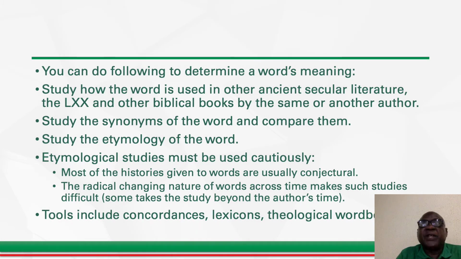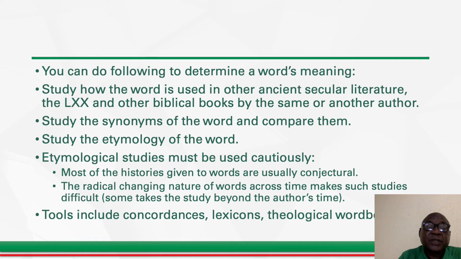You can also do the following to determine a word's meaning. Study how the word is used in other ancient literature, the Septuagint, and other biblical books written by the same or other authors. Study the synonyms of the word and compare them. Study the etymology of the word. However, when you are dwelling in the realm of etymology, you must be very careful because most of the time, etymologies can be conjectural, and also the radically changing nature of words across time makes such studies very difficult.